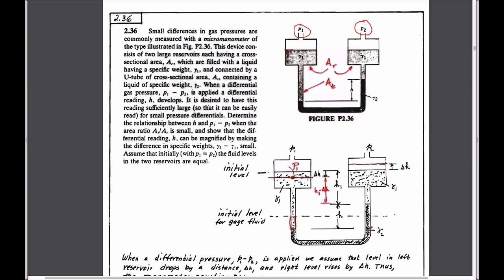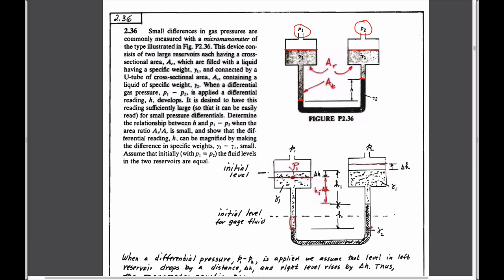So in one manometer you have gauge fluid gamma 1, and in the second you also have gauge fluid gamma 1. But linking these, you have a second gauge fluid which has a different unit weight. And the idea is that by using this configuration with different weights, it allows you to more accurately calculate the pressure difference. So this is the equilibrium case that it begins with.